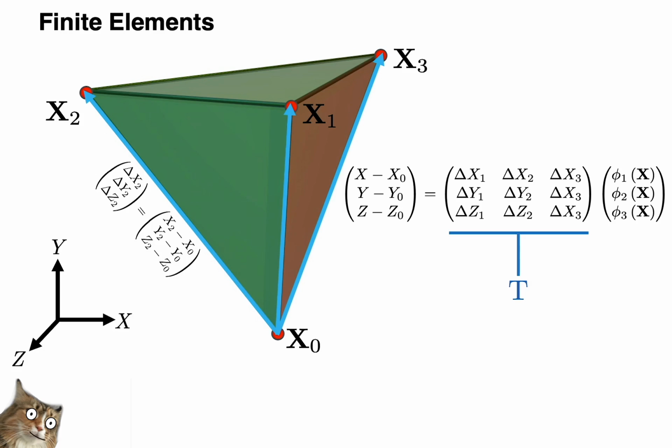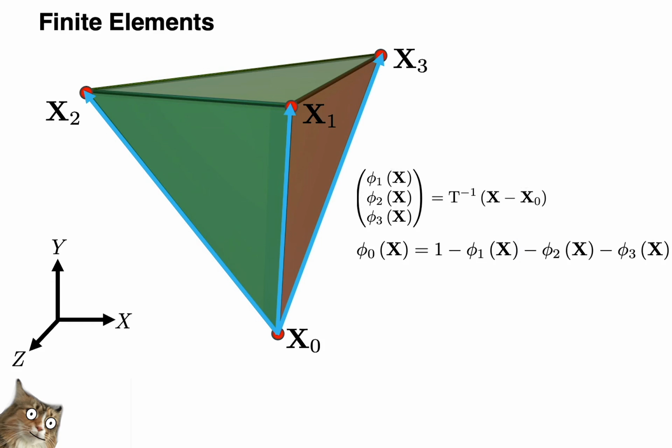Again, this follows directly from algebraic manipulation. In most cases, really unless our tetrahedron is degenerate, so unless it's been squashed flat, we can solve this system, and the solution looks like this.